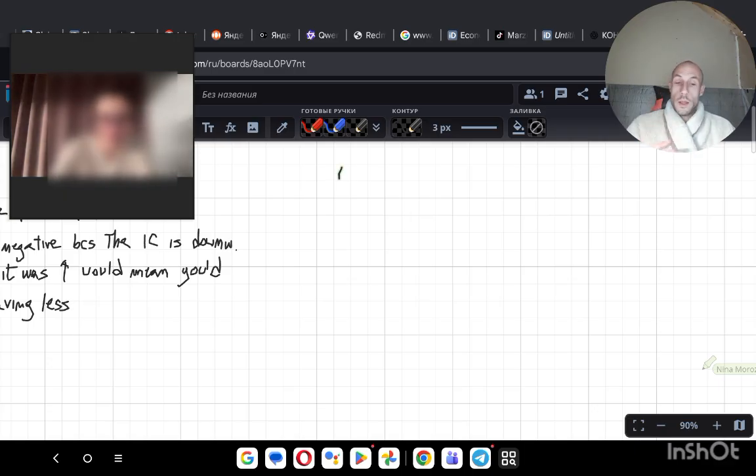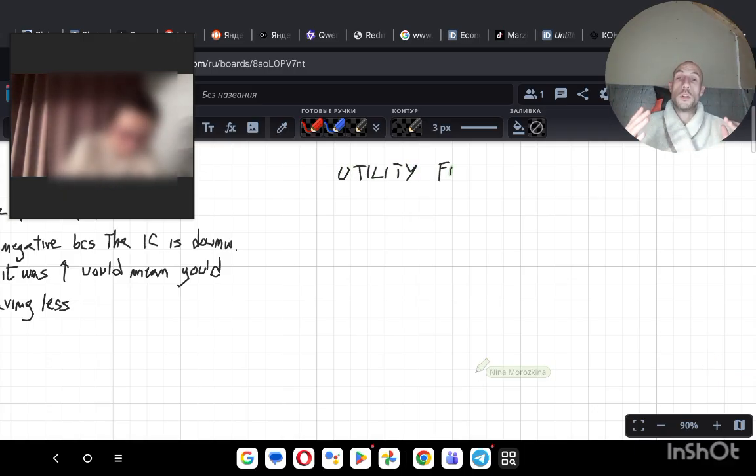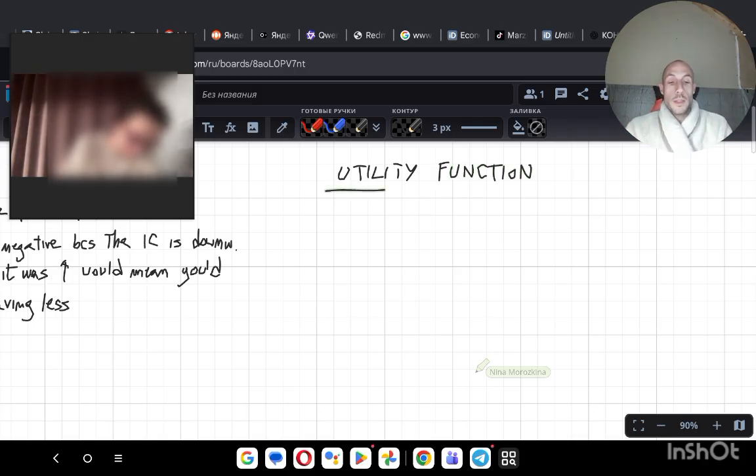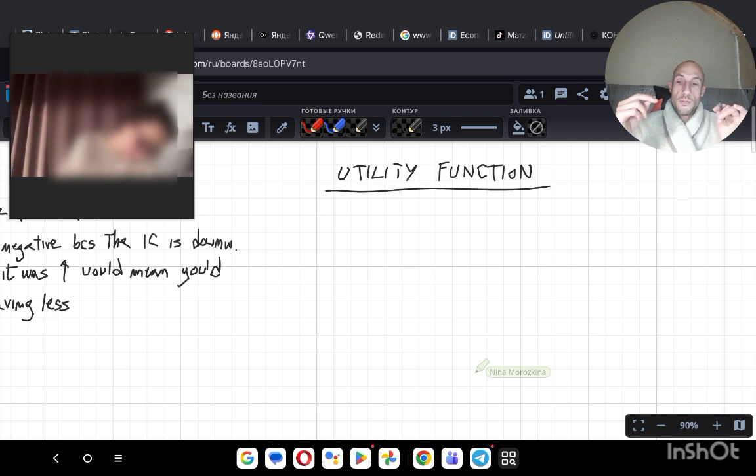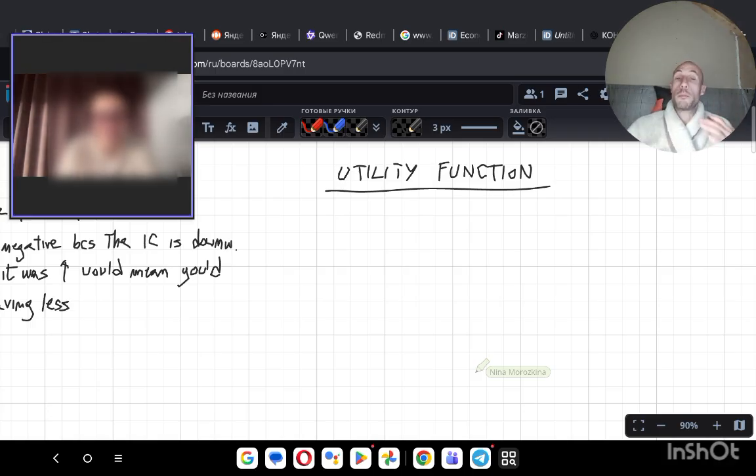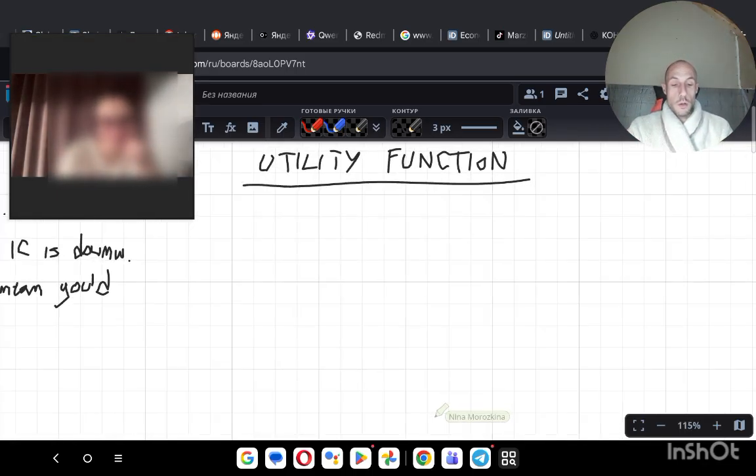There are 2 weeks of lectures that I usually do at my university on this, but we don't have time, so let's get on. There are several types of utility functions, and we are covering 3 or 4 most important, which have some properties that may be needed in the test.